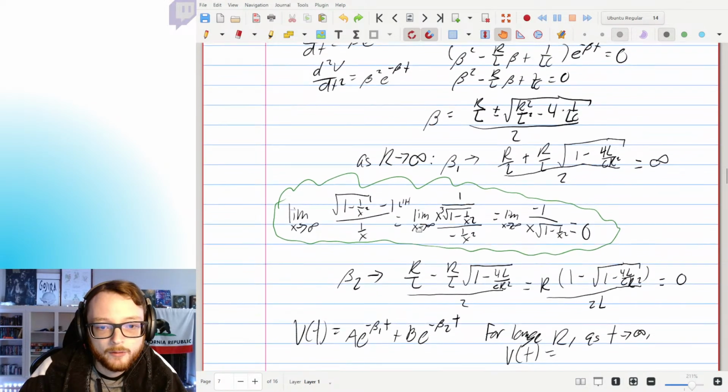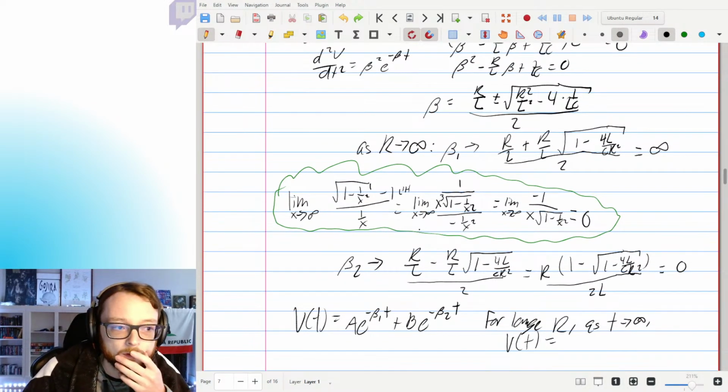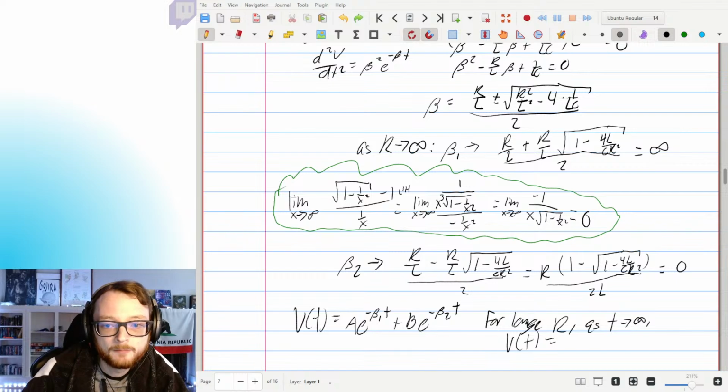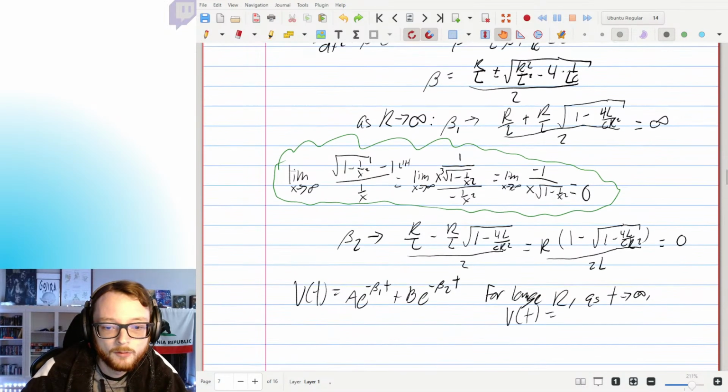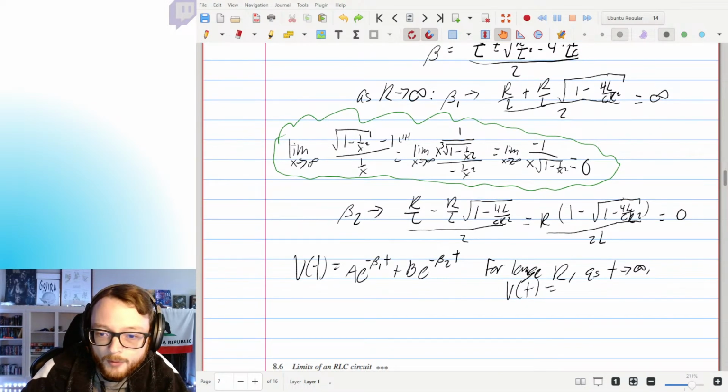So I found that for the plus solution for beta, which I called beta 1, for a very large R, beta 1 becomes positive infinity. For beta 2, the minus, for very large R goes to 0. Is that right?